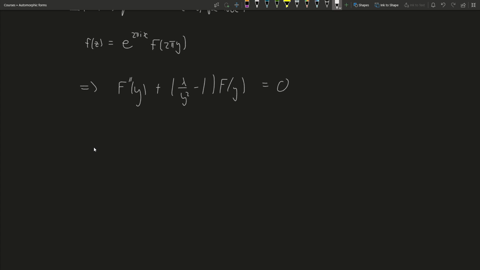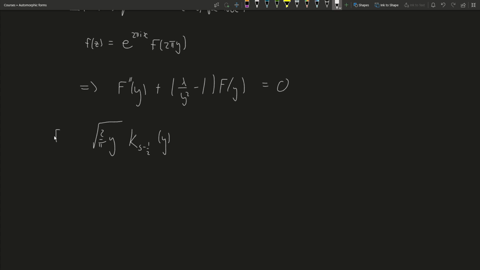But they have some well-known solutions. So the main one that we're going to be interested in is square root of 2 over pi times y, and then here we have what's called a K-Bessel function at s minus 1/2 of y.